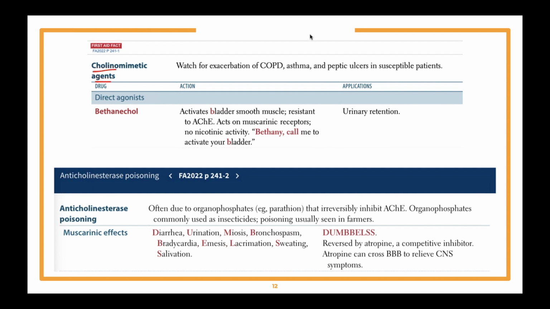Okay. So you can see there, if you were to have muscarinic effects, that would potentially include diarrhea, urination, miosis, bronchospasm, bradycardia, and as Sean was underlining, bronchospasm. That's one of the adverse effects of too much muscarinic activity.